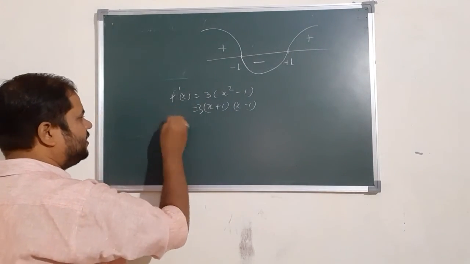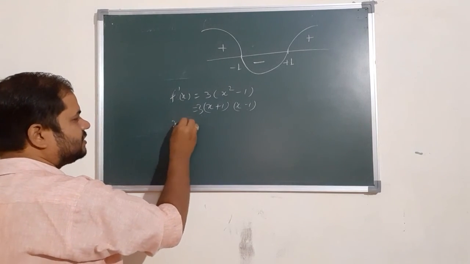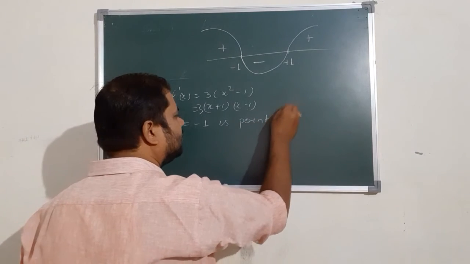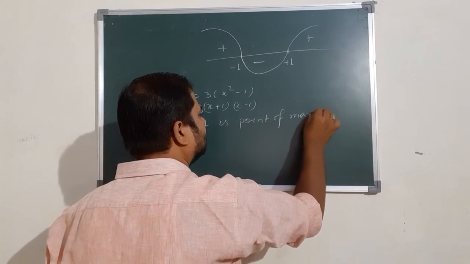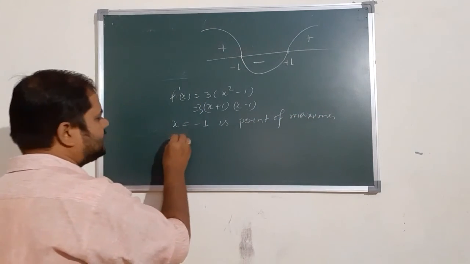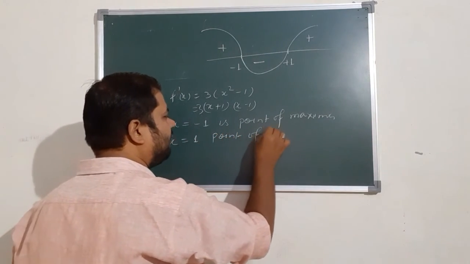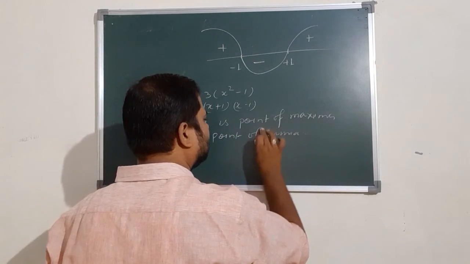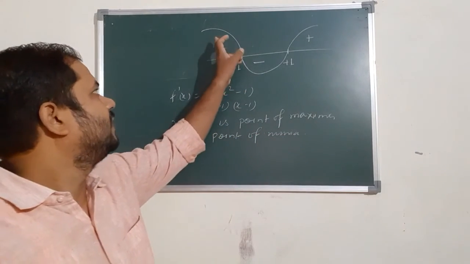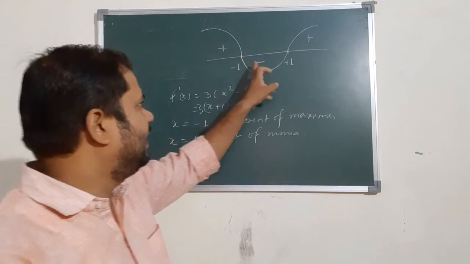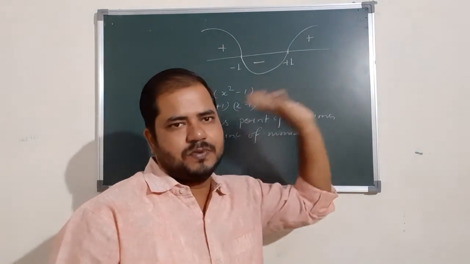So from above it is clear, x is equal to minus 1 is the point of maxima and x is equal to 1 is the point of minima. Why? Because this is positive to negative at x is equal to minus 1 and negative to positive at x is equal to plus 1.